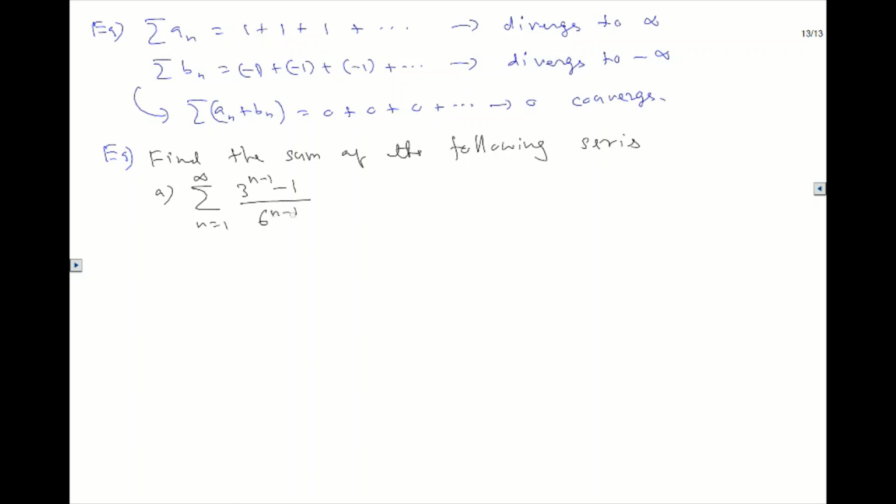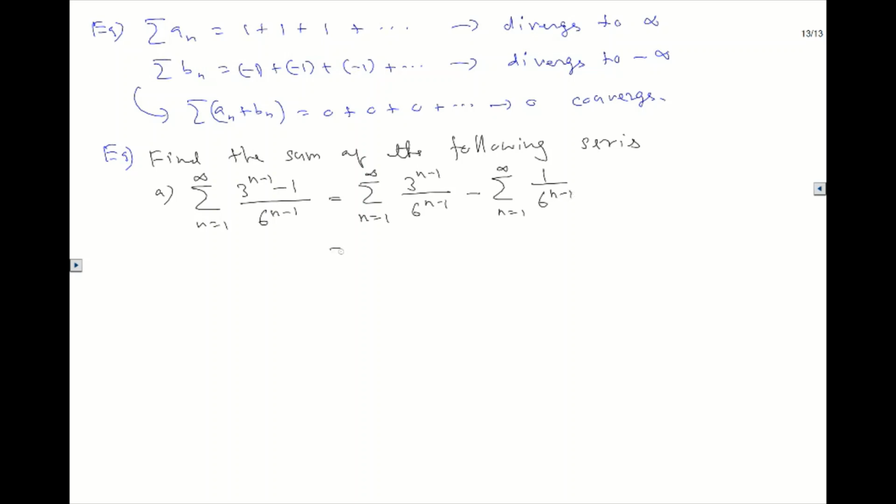So n going from 1 to infinity, (3^(n-1) - 1) over 6^(n-1). What we can do is split this using the theorem that we just had. We can write this as two series. So we have sigma 3^(n-1) over 6^(n-1) minus sigma n going from 1 to infinity, 1 over 6^(n-1).